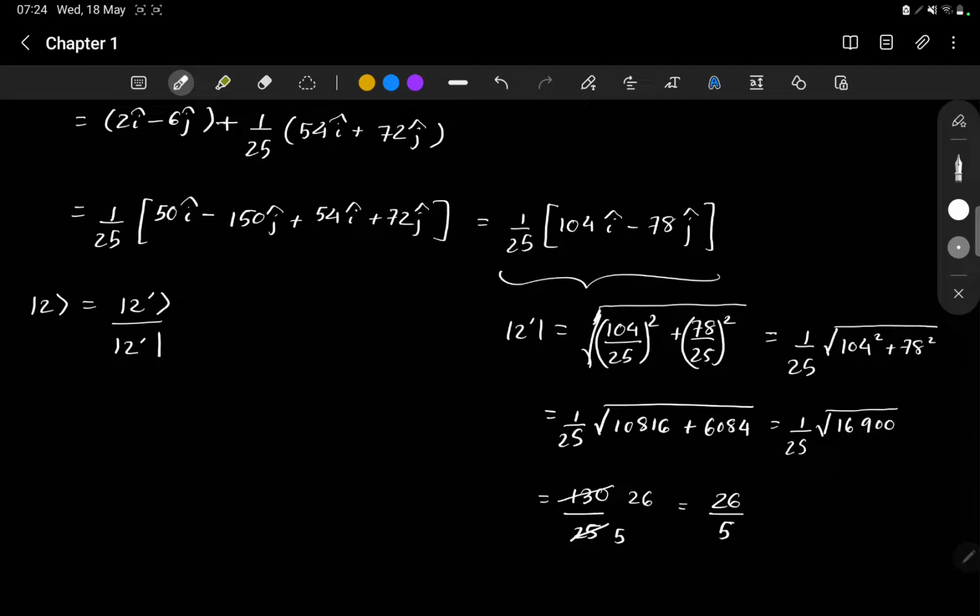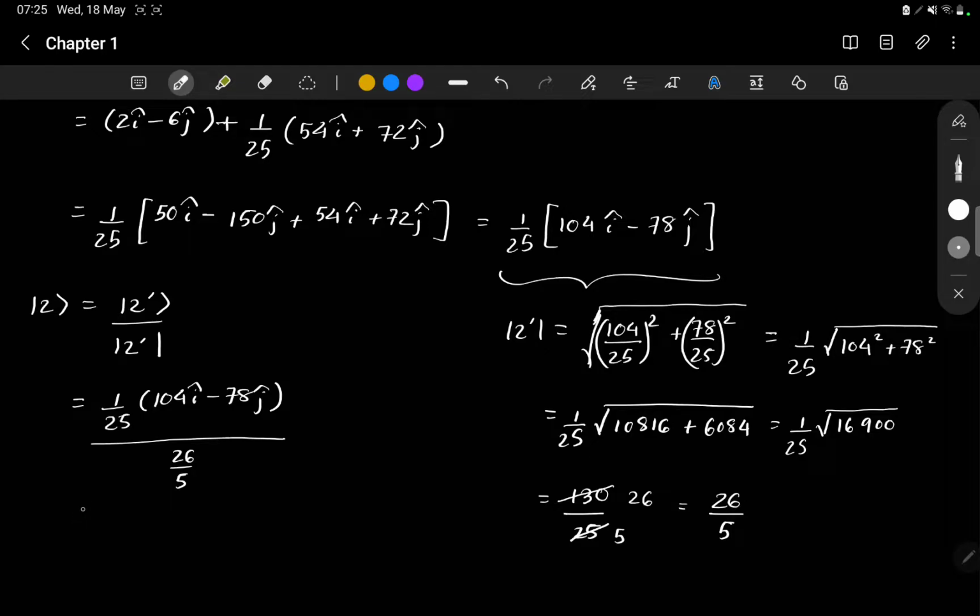This is the length, and then our final vector is going to be this divided by the length. So this divided by 26 by 5.